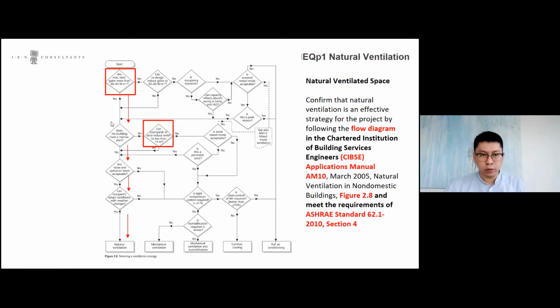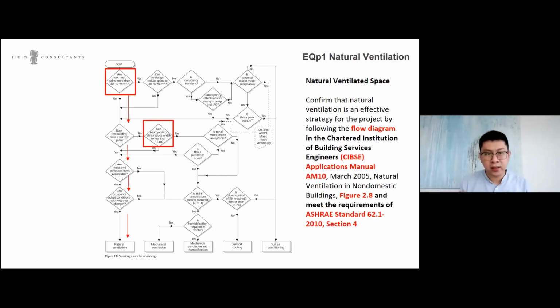We need to go through a few processes to determine whether that area can go for natural ventilation. First step: is the maximum heat gain more than 30 to 40 watts per square meter? We need to fill up a form as well to determine the heat gain in all these areas. The heat gain can come from windows, people, and equipment.